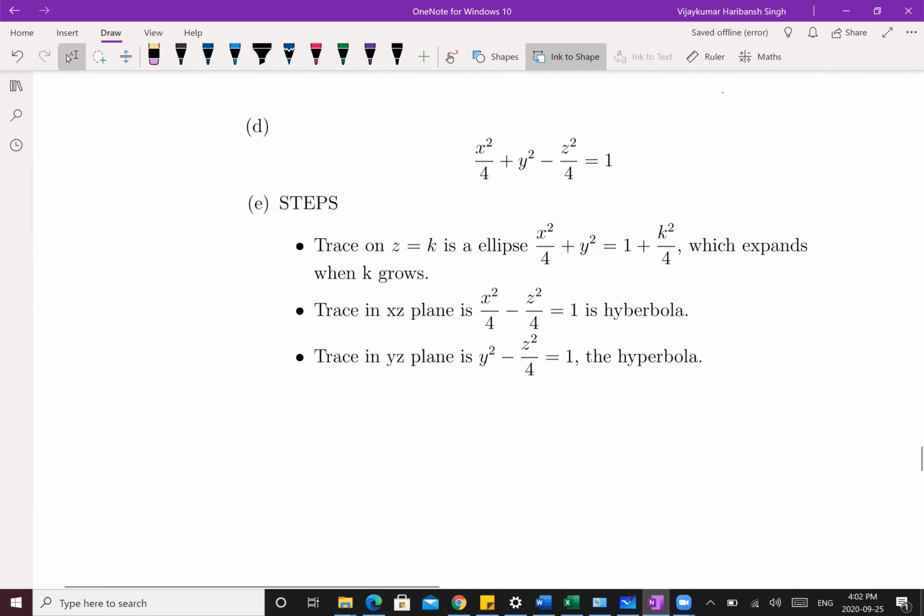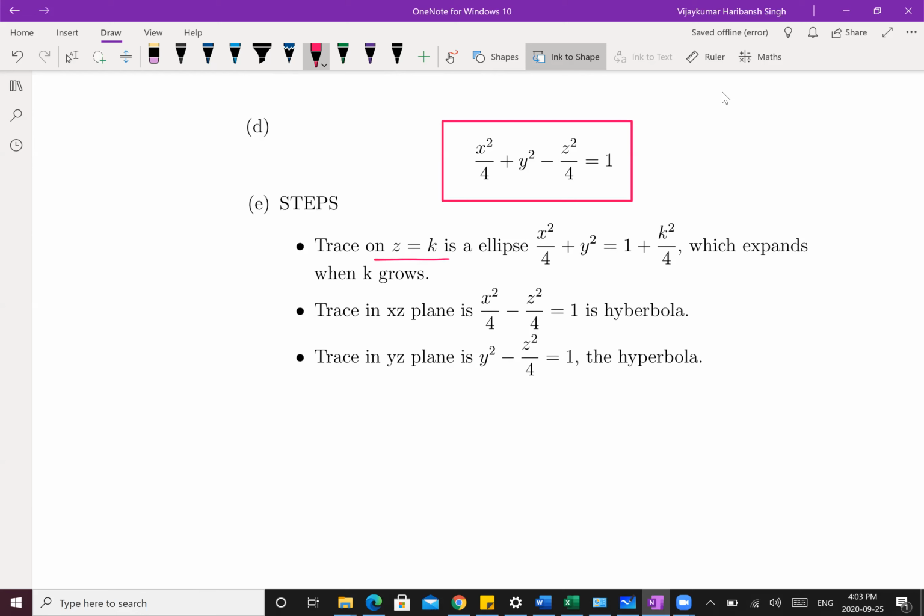Now let's look at the following problem. Again, we have x squared by 4 plus y squared minus z squared by 4 equals 1. We want to understand this equation. First we'll look at the horizontal traces, which is z equals k.